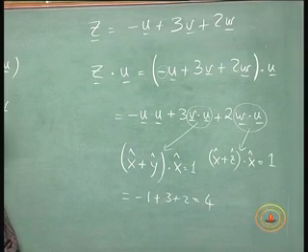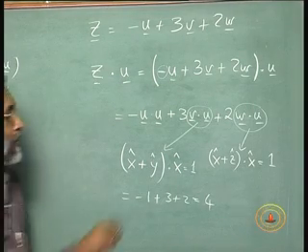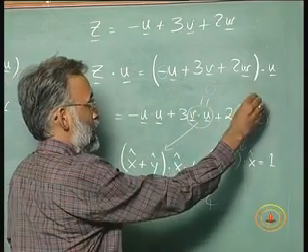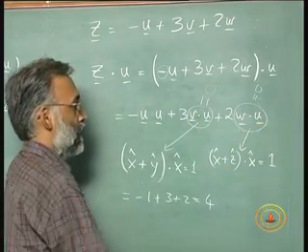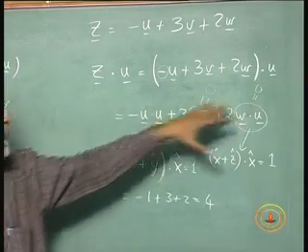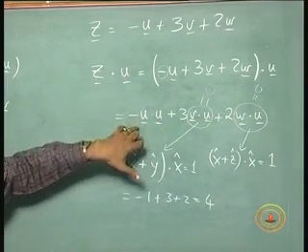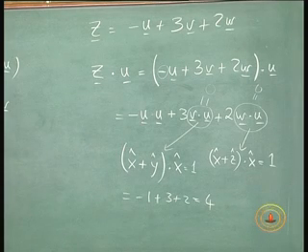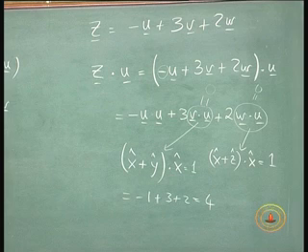If the answer is to turn out to be minus 1, I would require this would be 0 and this would be 0. If they were both 0, then the answer would come out directly from here. Now, that happens in the case of Cartesian coordinate systems. Let us verify that.